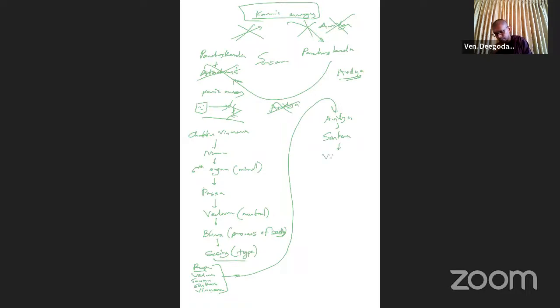Then again vijnana, nama rupa, salayatana, passa, vedana, tanha, upadana, bhava, and jati.